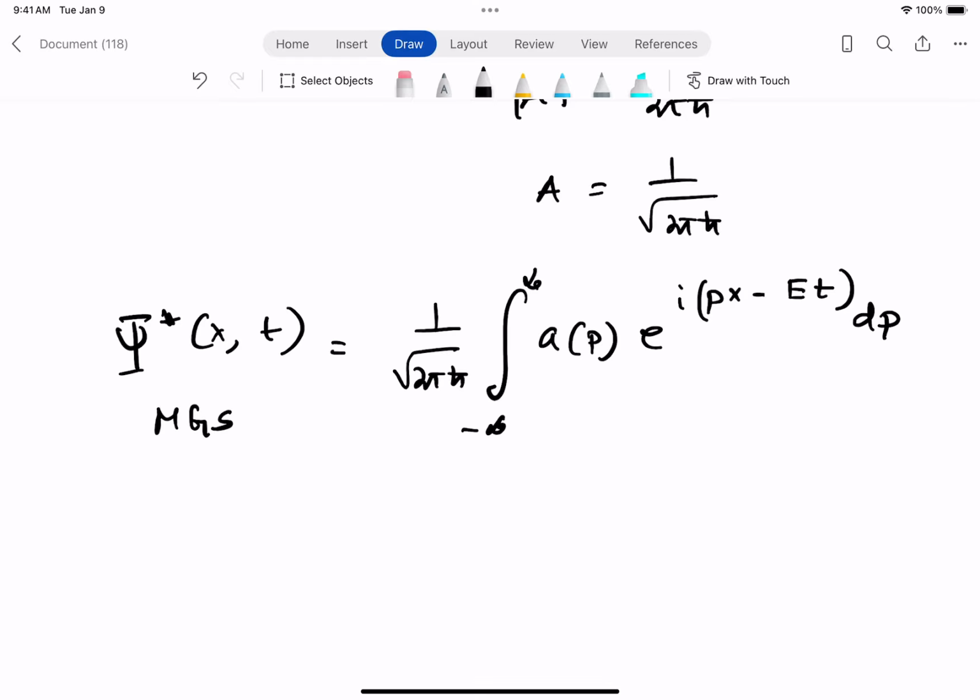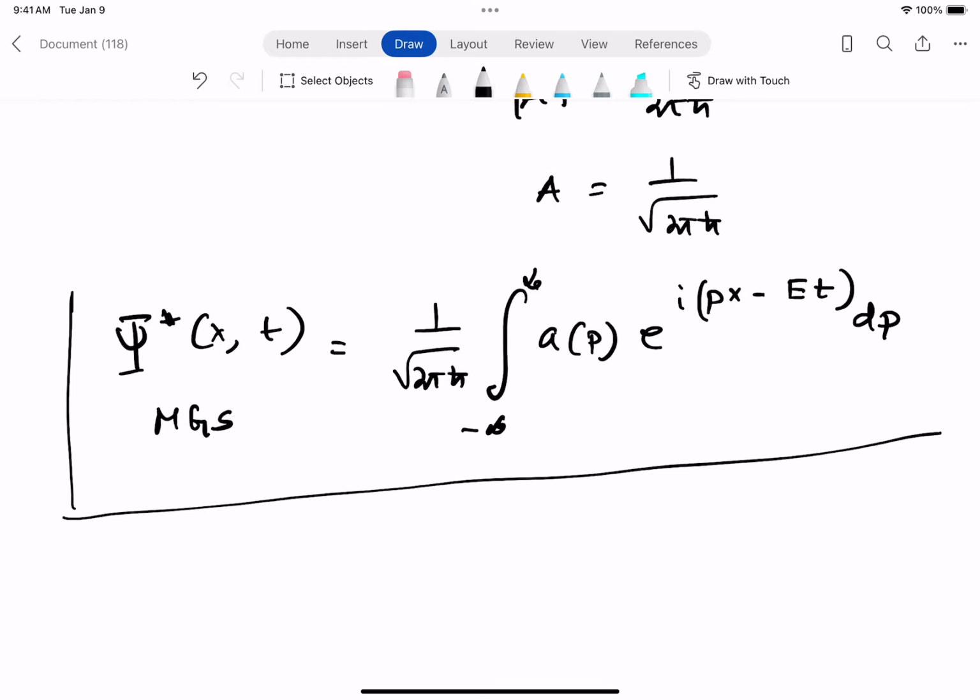This is the normalized most general solution.